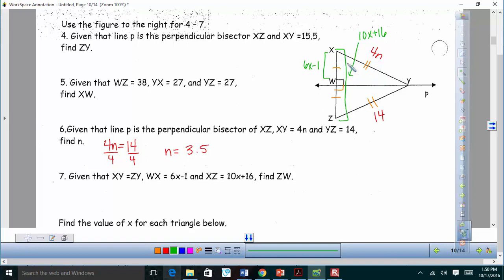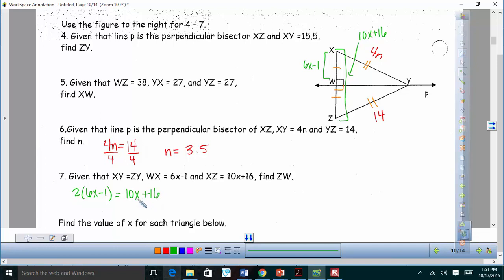Okay, so we have a whole length and then we have half of it. So what do you think we would do to solve for this? 2 times the part, which is 6x minus 1, equals the whole 10x plus 16.